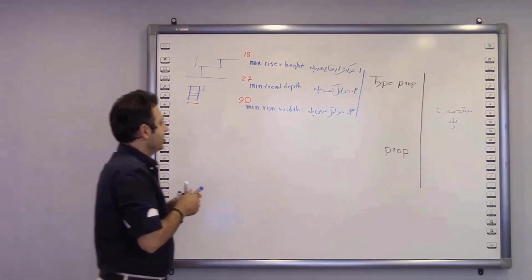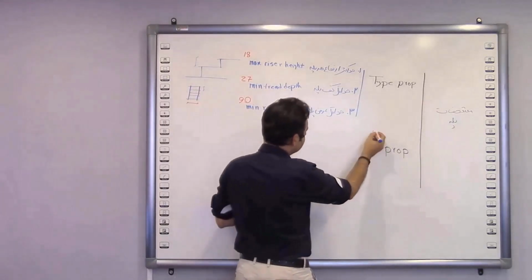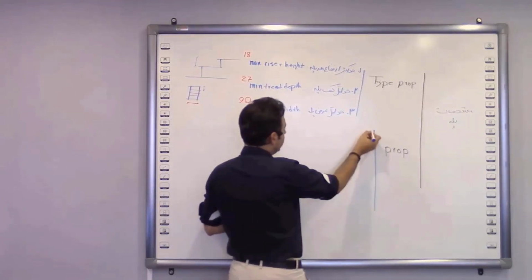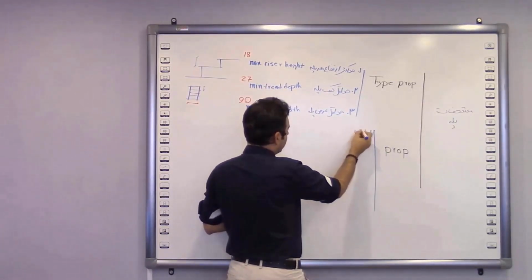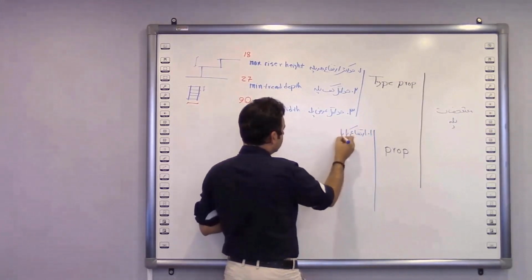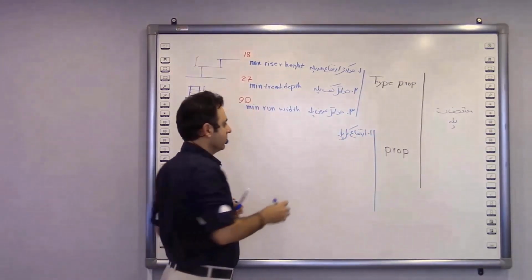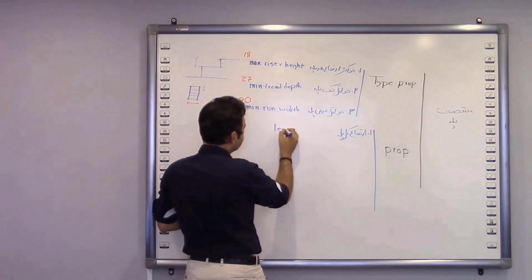Now, let's go to the properties. In properties, 1, the height of the entire stair. And this is actually determined by the level.